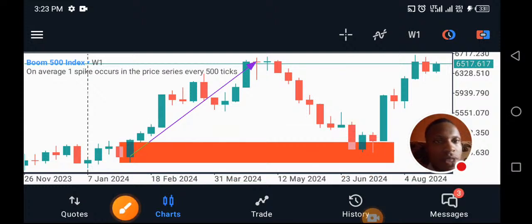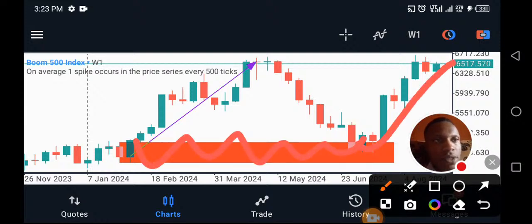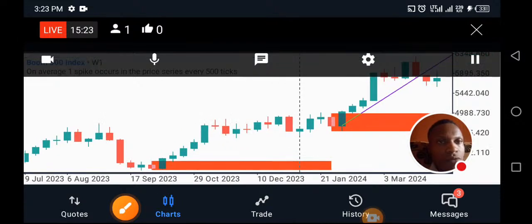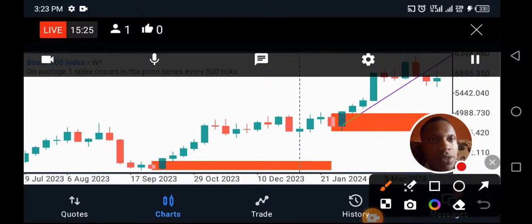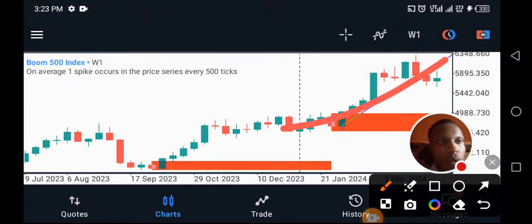So it means that this particular order block is a valid order block. But if you look here, you notice that this particular order block, price never came back to test it. Rather, price kept on buying upward.